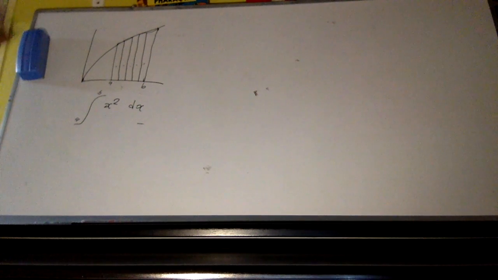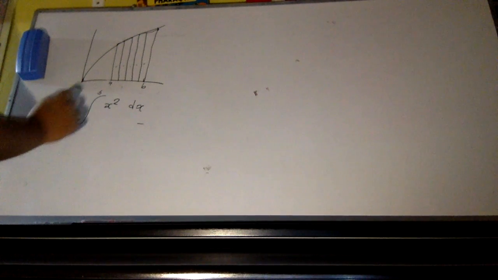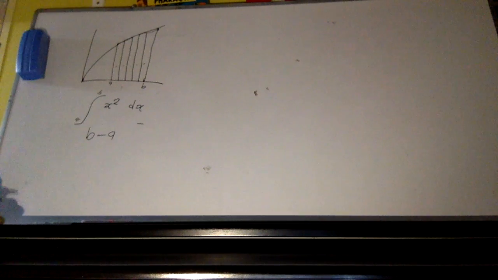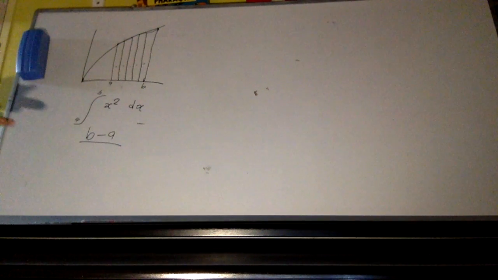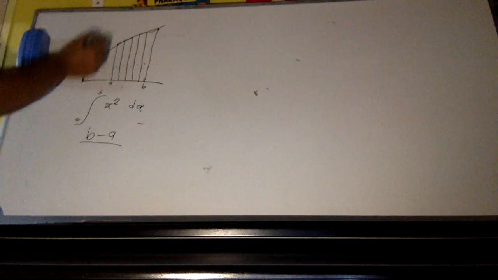So normally you can do the normal integration way, but another way is, first thing you do is you take b minus a and you put it over h. h is the number of intervals, or sometimes they'll say ordinates. Ordinates means how many lines there are.